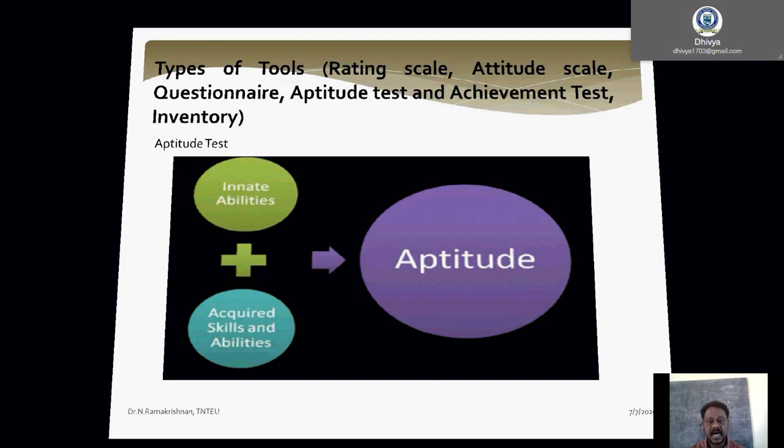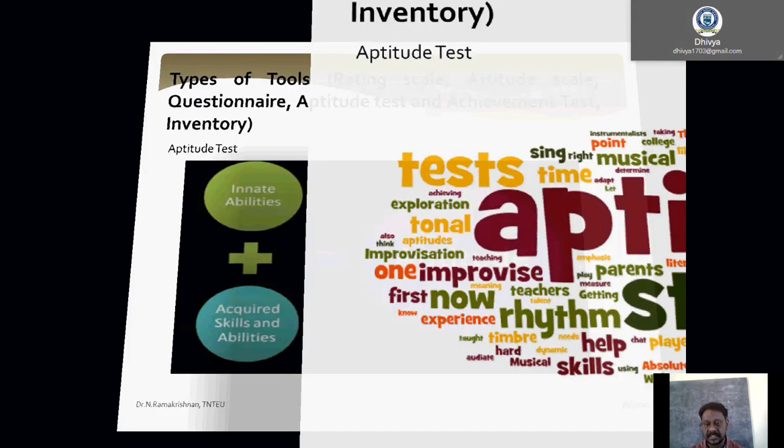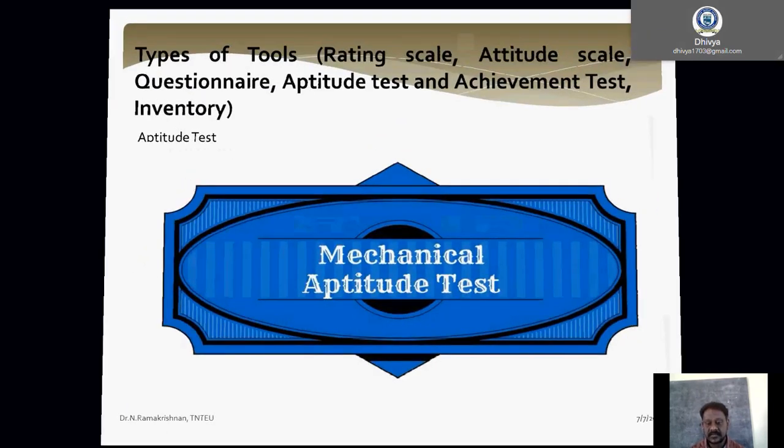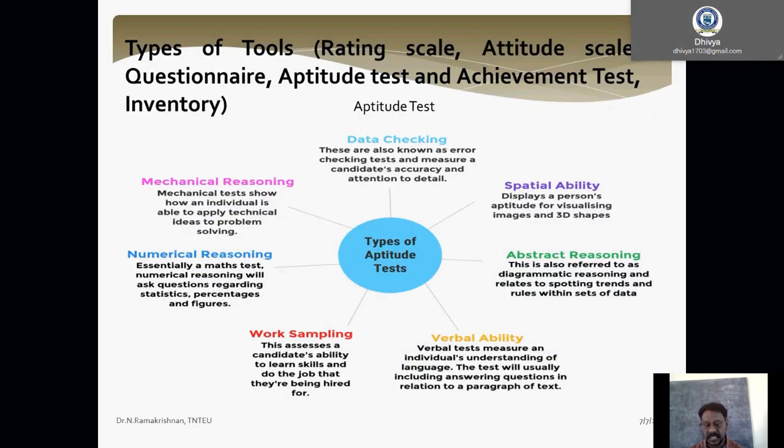Data checking tests are also known as error checking tests, and measure a candidate's accuracy and attention to detail. Spatial ability displays a person's aptitude for visualizing images and 3D shapes. Abstract reasoning, also referred to as diagrammatic reasoning, relates to spotting trends and rules within sets of data.